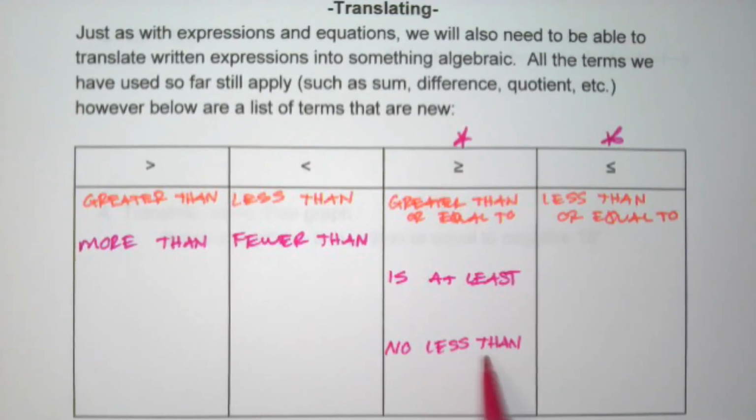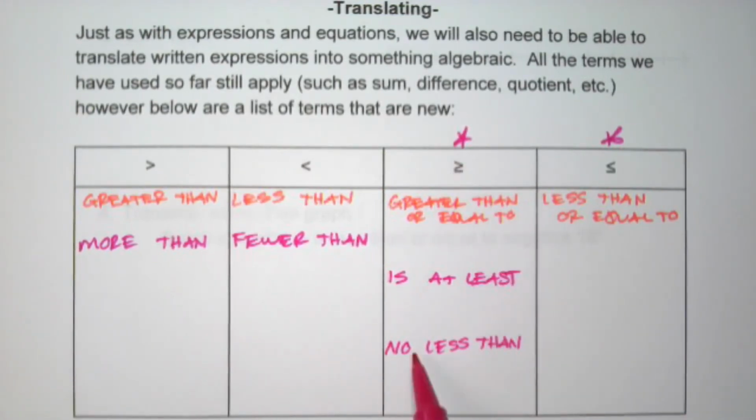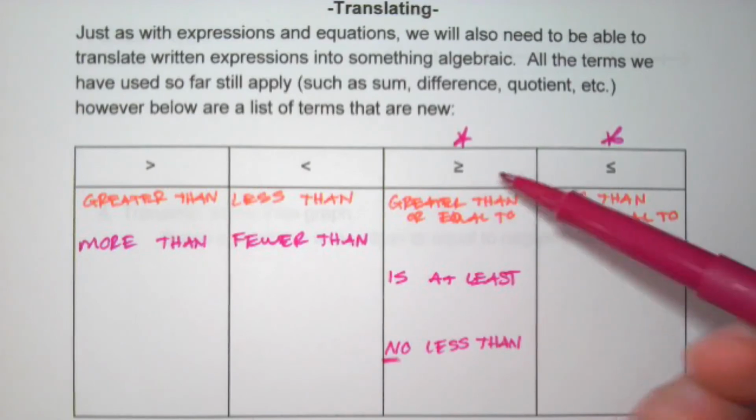You see less than, but we're actually doing greater than or equal to. But it's this no out front to look for, and that's going to be probably one of the toughest ones right there. That no is telling us to do the opposite of what follows. It's negating it. So no less than it means you have to be greater, and that's where we get that greater than or equal to.